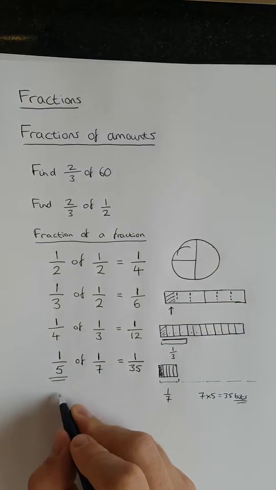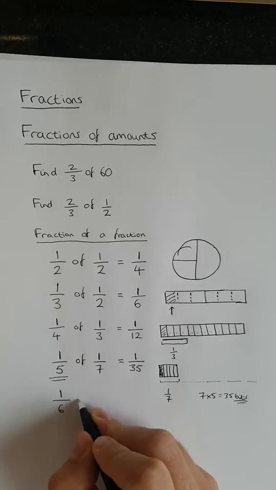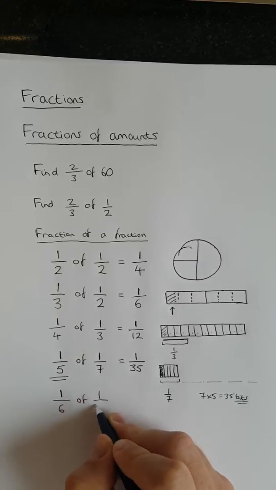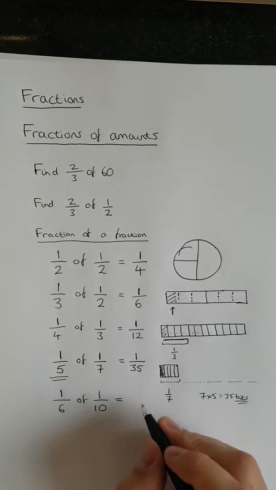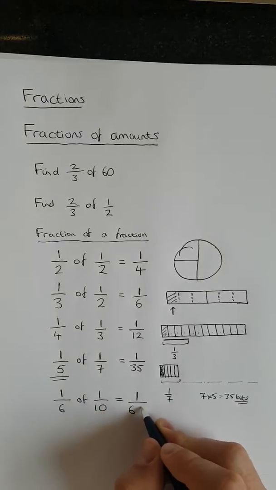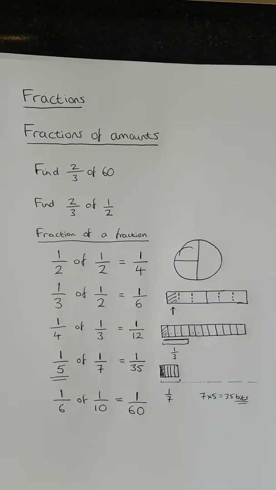I'm hoping now if I put 1/6 of 1/10, everyone's going to know the answer. So, you all thought 1/60th, or hopefully. And if you didn't, you're about to see a rule develop.